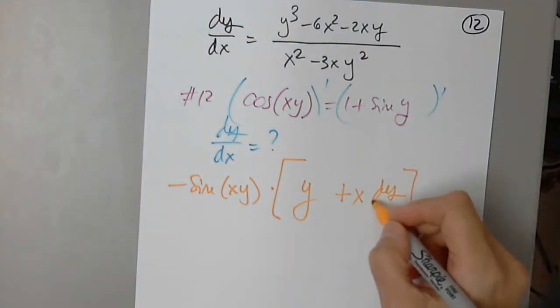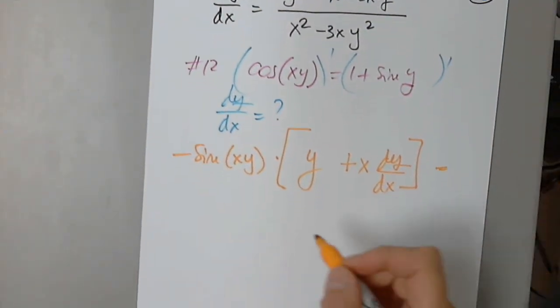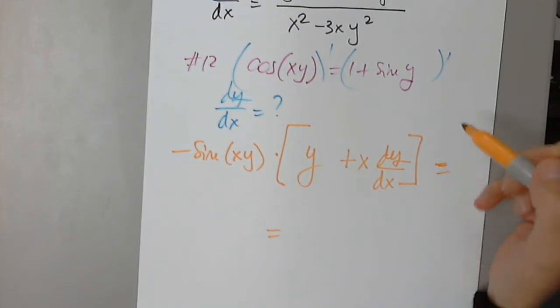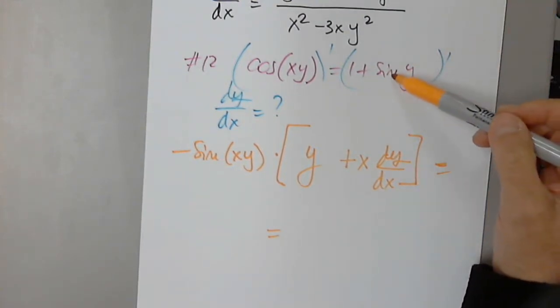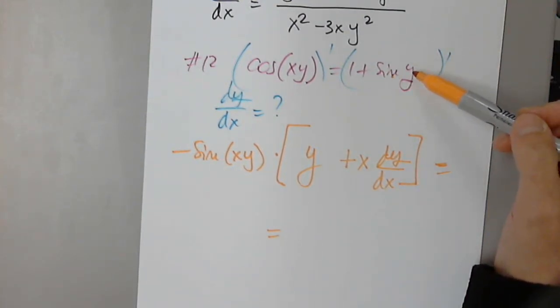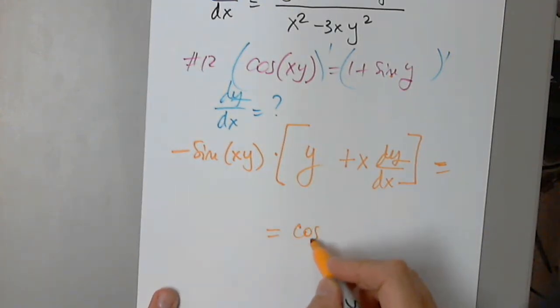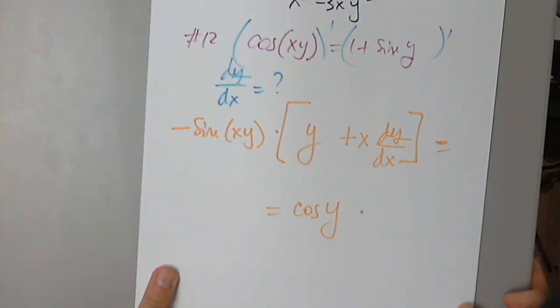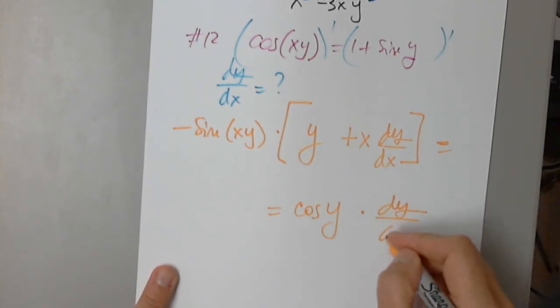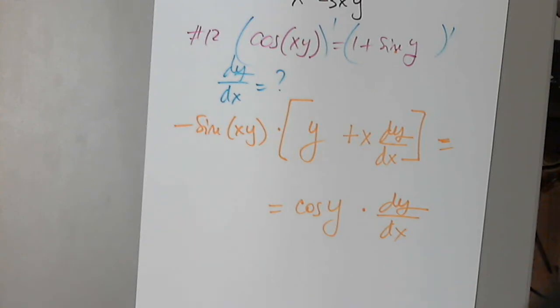Very good. Equal symbol. And now 1 prime we know. I have to differentiate sine, and inside sine there is this function y. So I have to differentiate sine first, and I get cosine y. And now I have to differentiate the inner function, dy over dx. Would you agree? Questions?